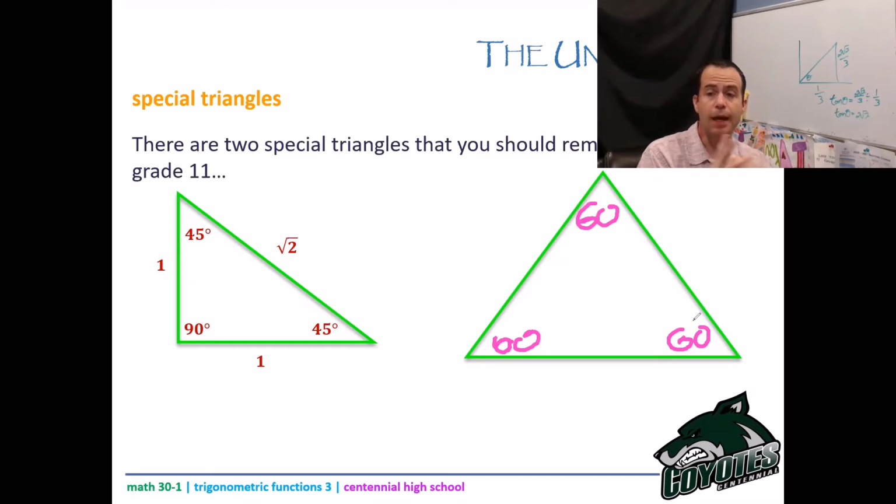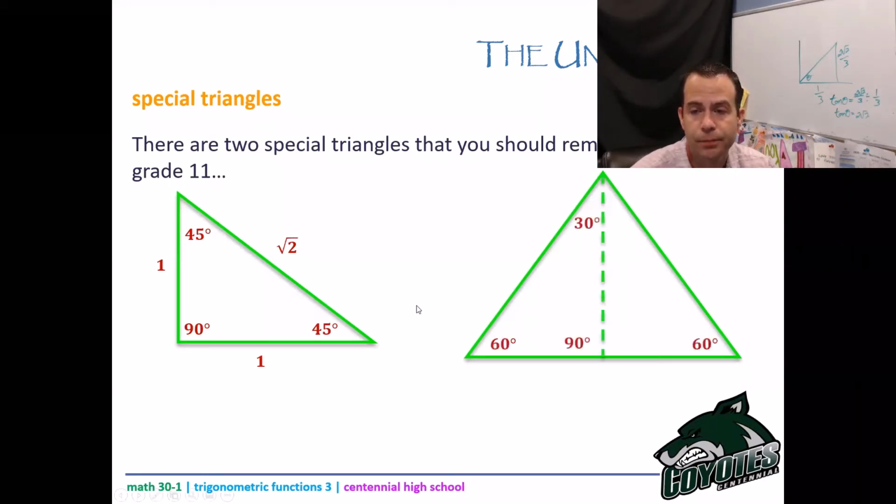And when I cut this in half like that, I end up with a 90 degree angle, and that's half of 60, so that becomes 30. And look, now one side is 30, 60, 90. So that's where I'm going to get my 30, 60, 90 degree triangle from.